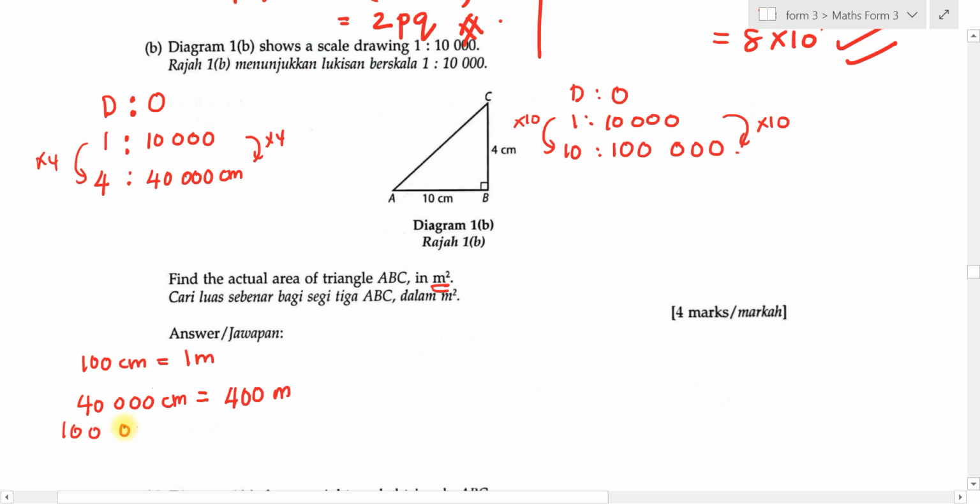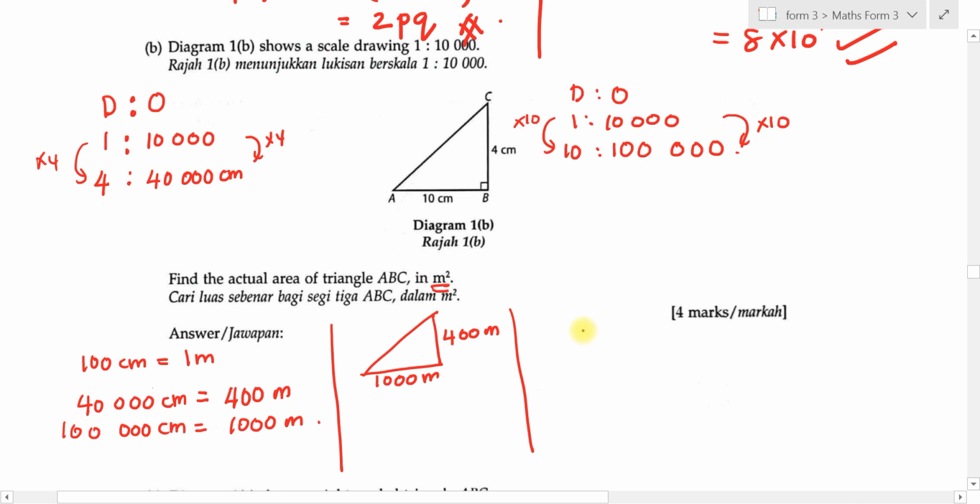If 100,000 centimeter, it becomes 1000 meter. Okay, now we get the real object. The real object here is 400 meter. Here is 1000 meter.